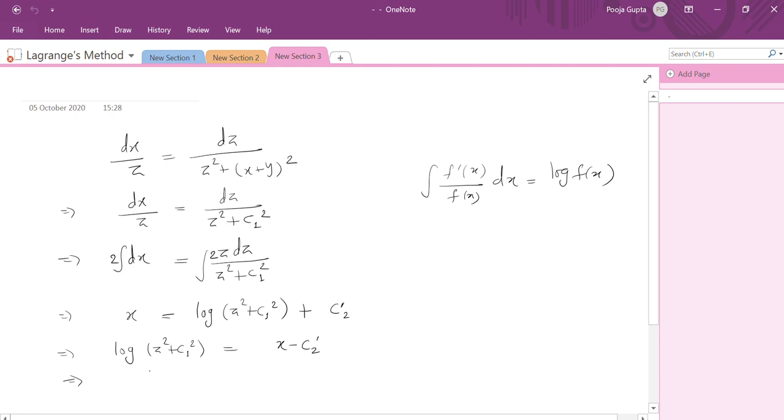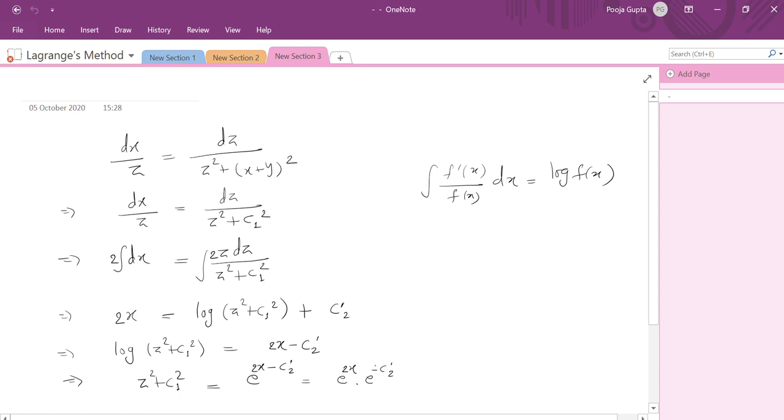This will be z square + c1 square = e to the power (2x - c2 dash), which we can write as e to the power 2x into e to the power minus c2 dash.